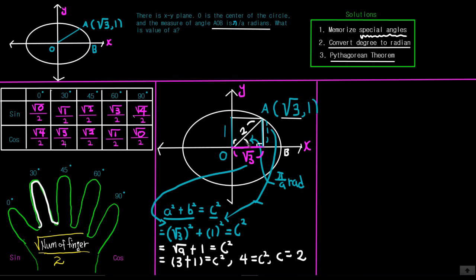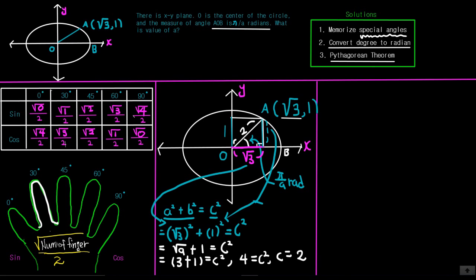So we know that this angle right over here is pi over a radians. So the angle should be pi over a radians. But before we do that, we can think about the thing that we did to memorize these special angles. And we know that we always put 2 in the denominator and we put a square root.